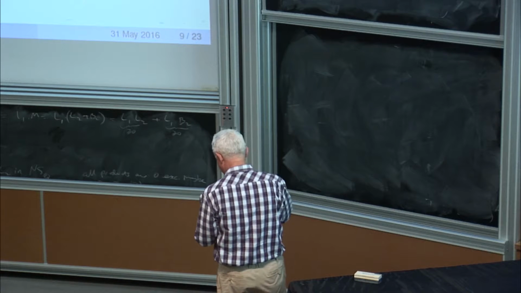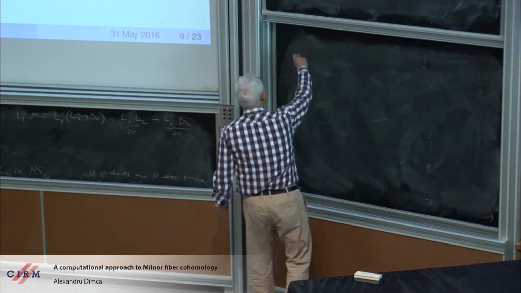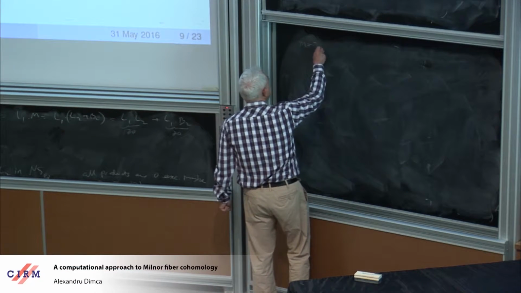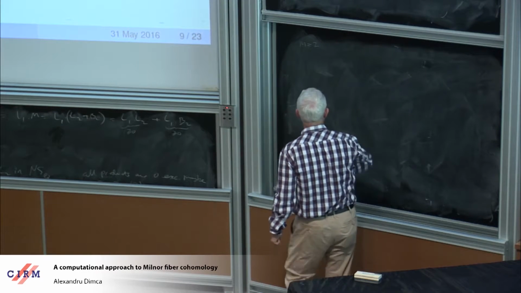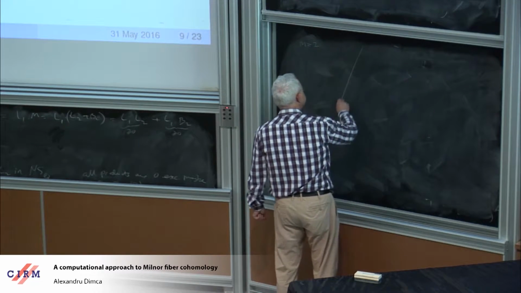So if m is equal to 2, I can draw this line arrangement in the plane in the following way.